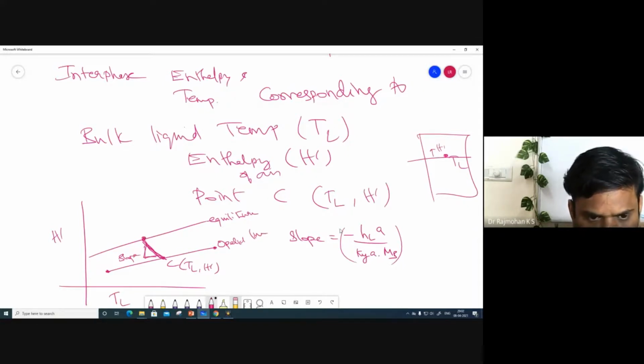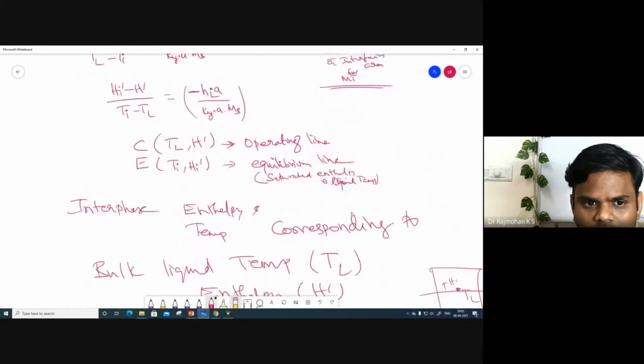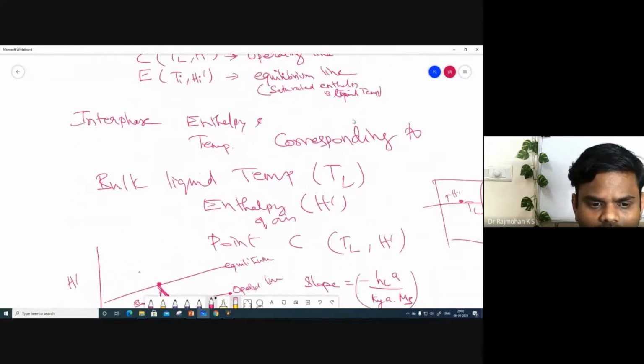So this point, which I named E, is the point which gives us the value of interface temperature, comma, interface HI dash value.